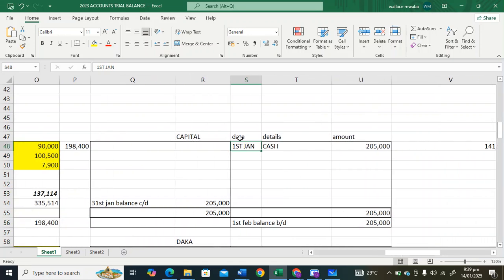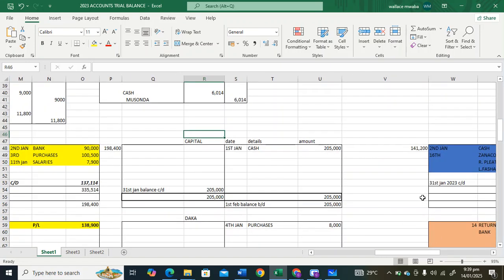You have the three columns: date, details, and amount. Oh, you have a fourth column for folio. That's where you put balance carried down and balance brought down. But for now, we're just going to keep it as simple as possible. I do not want to confuse you guys so fast. Any questions, colleagues?